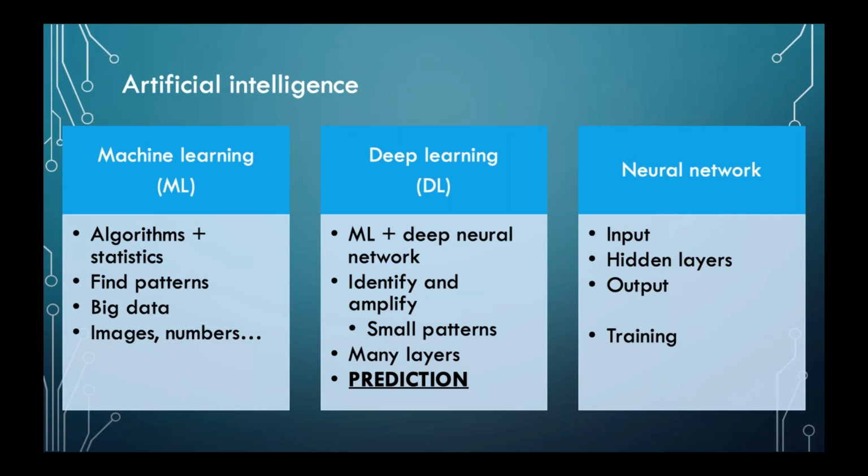So a subset of machine learning is deep learning. Deep learning is machine learning with the addition of these things called deep neural networks. We'll talk about that in a second. So deep learning is sort of like machine learning on steroids. It amplifies the machine learning, and so you can identify even smaller patterns. And you can use many, many layers.